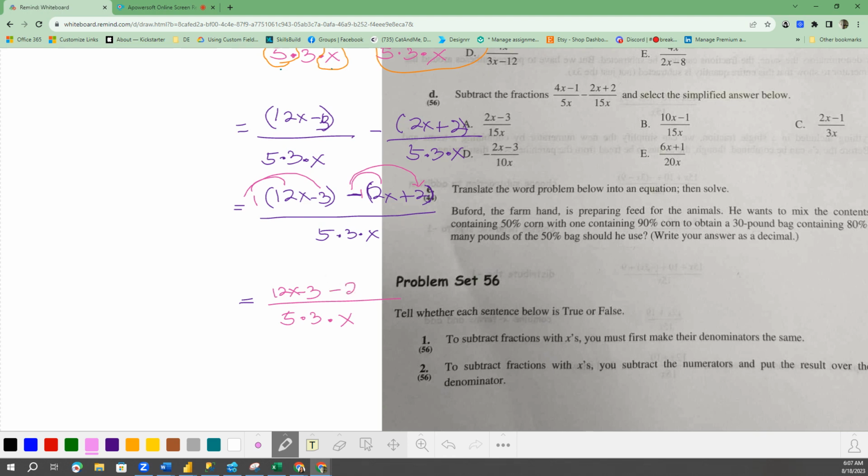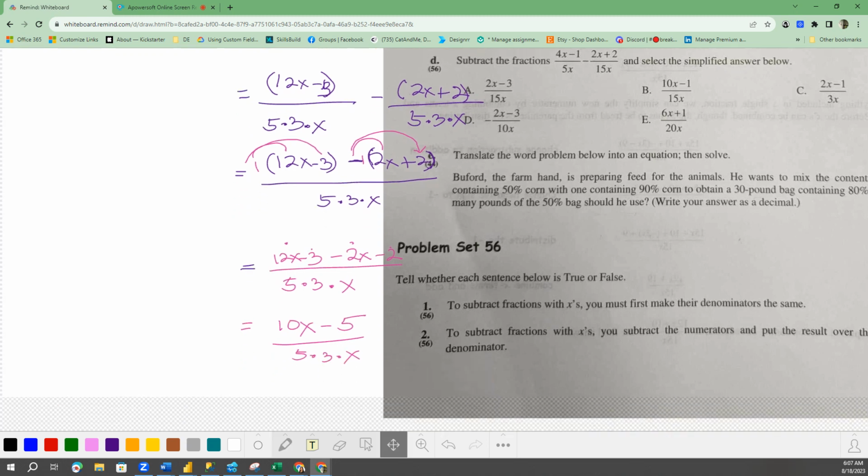So you will have -2x, not minus -2x, just -1 times 2x is -2x. And then -1 times positive 2 is -2. Okay, so now that we don't have the parentheses, we can combine like terms. So this and that are like terms, so that will become 10x, and -3 and -2 will become -5, all over 5 times 3 times x.